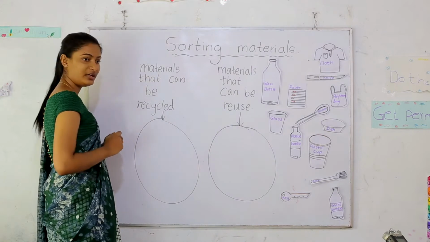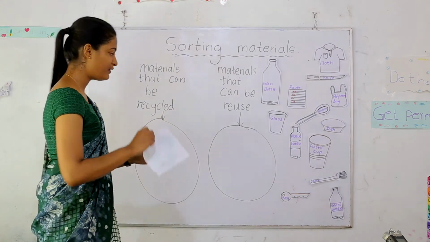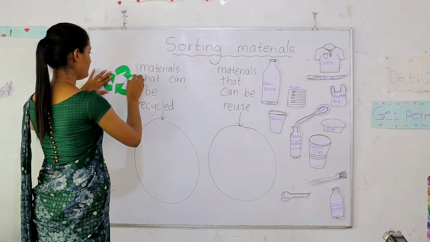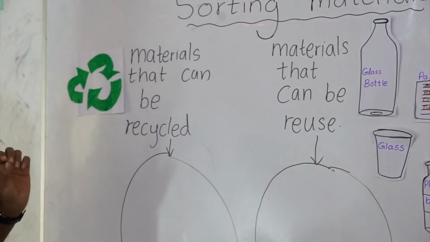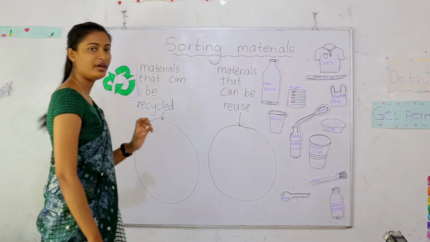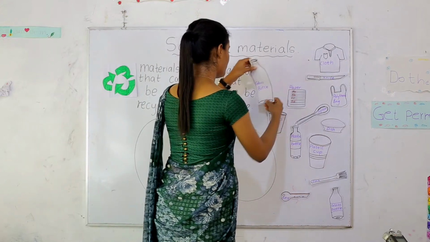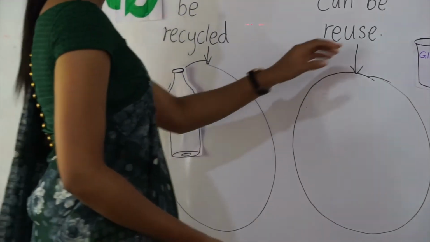First we will find what are the materials that can be recycled. Have you ever seen this sign? This is the sign which shows that material can be recycled. So we will find what are the materials that we can recycle. Glass bottles, they can be recycled.